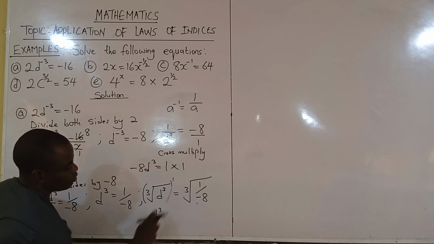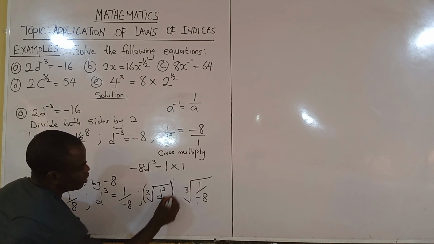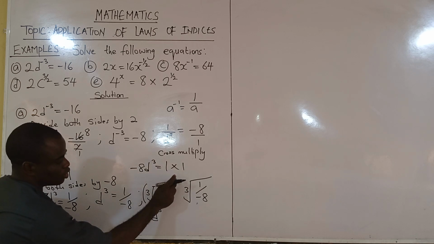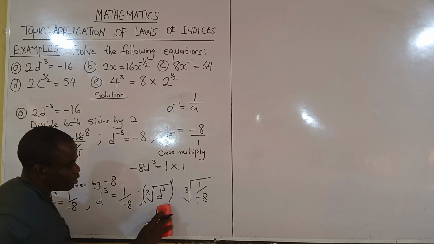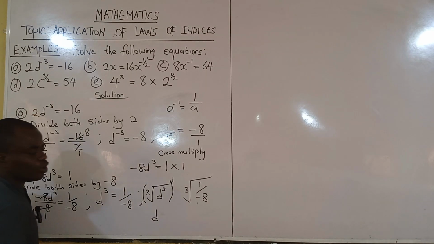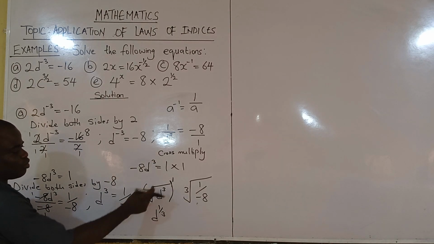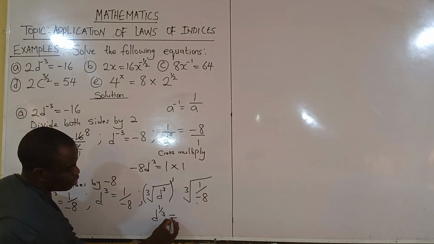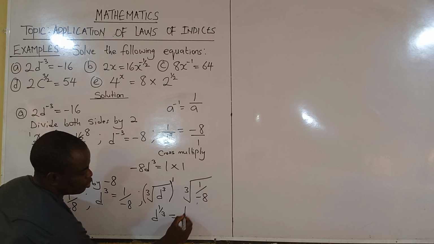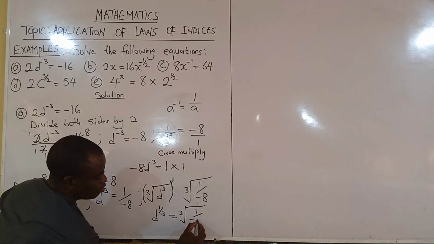It's always there, but it doesn't mean anything. It means we have d raised to the power 1 over 3. This 3 will be at the denominator, while the 1 will be at the numerator, which equals the cube root of 1 over minus 8.